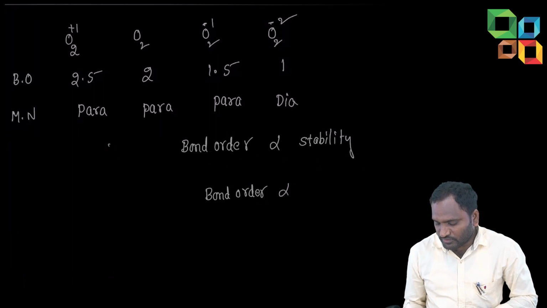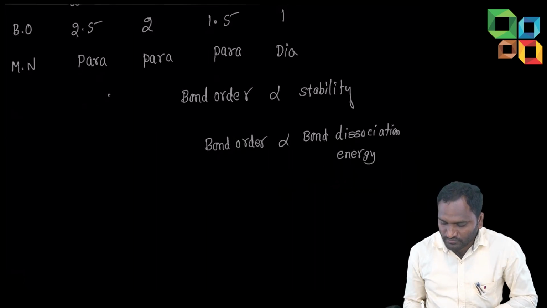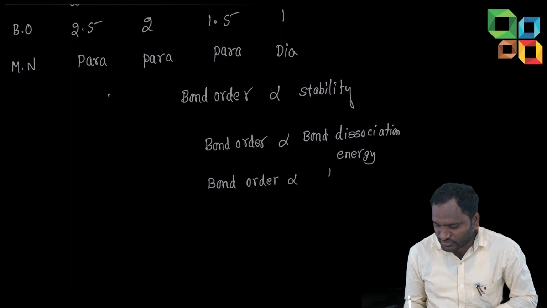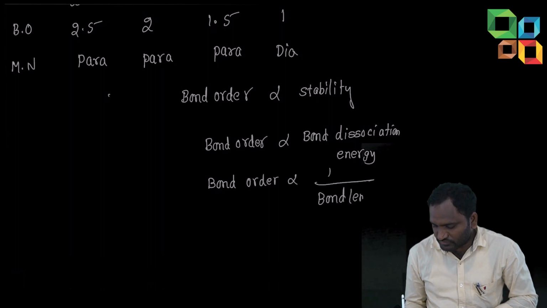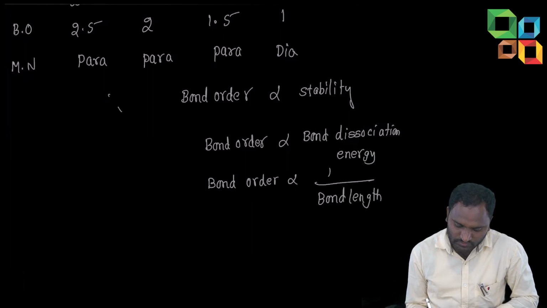Bond order is directly proportional to bond dissociation energy. Next, bond order is inversely proportional to bond length. So all these questions you can answer by knowing bond order. Keep these points in mind.